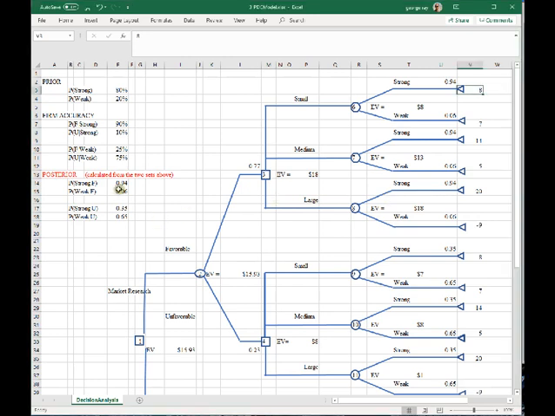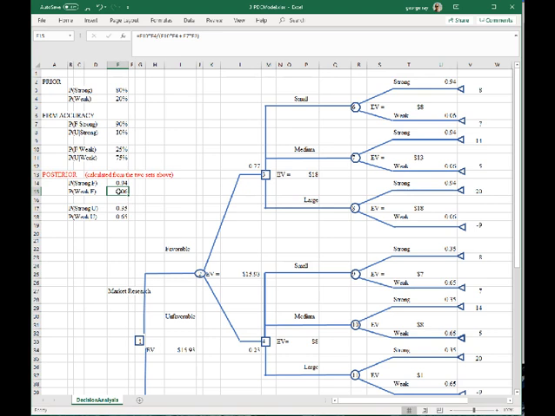We do the same sort of calculation for each of them. In other words, we're going to multiply the appropriate firm accuracy times the appropriate probability for demand, strong or weak. And then we're going to divide that by the same factor in the numerator plus the opposite side of it.